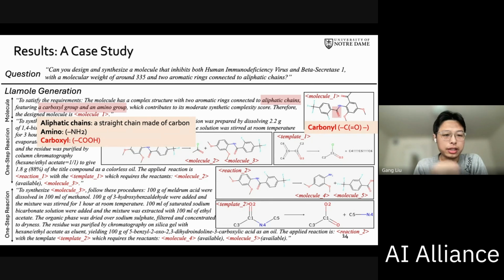For example, the model tells us that there should be a carboxyl group, but in the generated molecule structure, we observe that there's no carboxyl group, there is a carbonyl group instead. So we see there is a small inconsistency, but in a molecule structure, that small inconsistency may cause big issues. So in the future, we probably need to improve the graph diffusion model or any other generation model to make this generation strictly follow the text description.